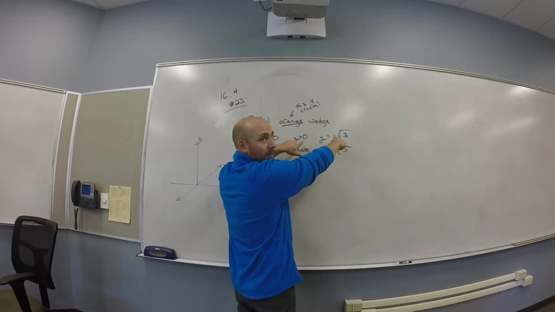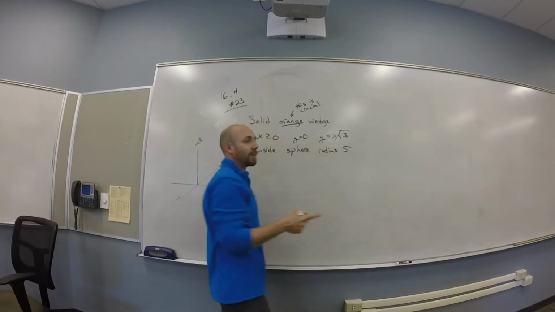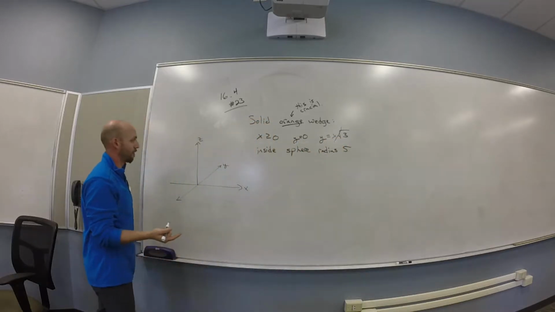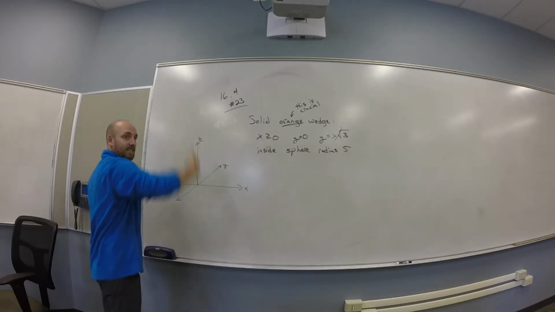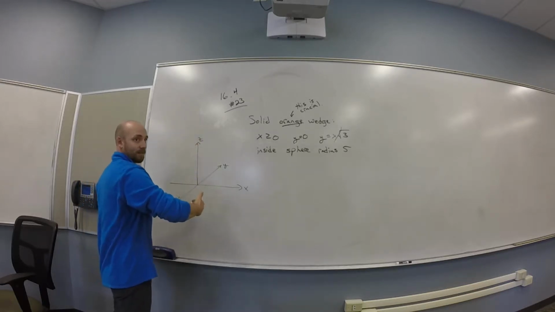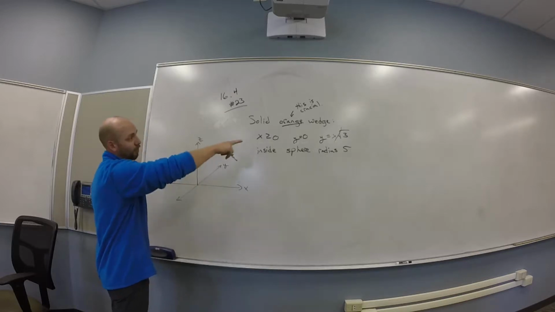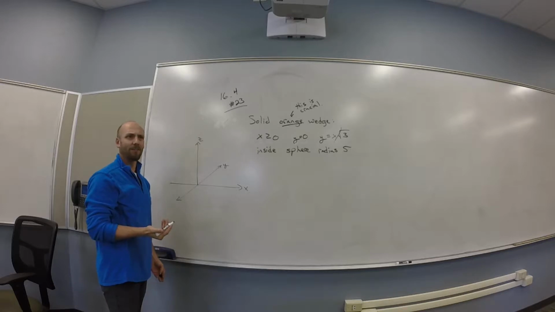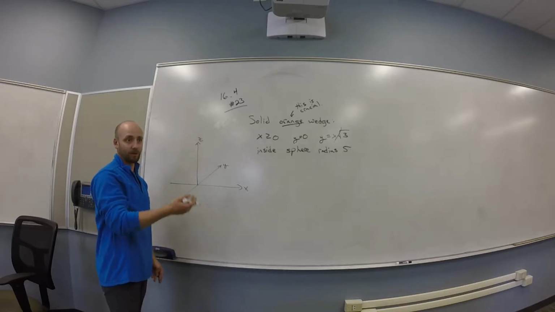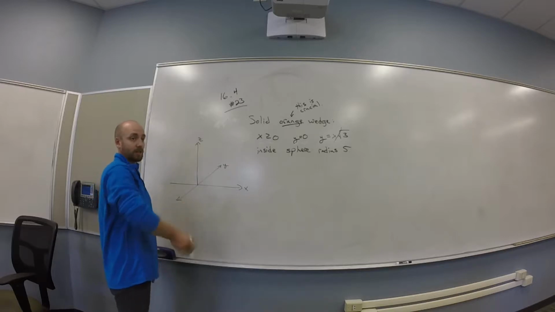So y is 0 is the xz plane. And then y is x over the square root of 3. That's normally like a line, but the z is unbounded, so it sweeps up and down.